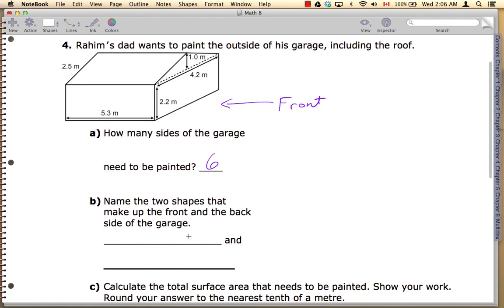So there are 2 different shapes that make up the front and the back of the garage. On the front and the back there is a rectangle, that's the rectangle that we're talking about right here. In addition to the rectangle, there's also a triangle, and that's the triangle right here.